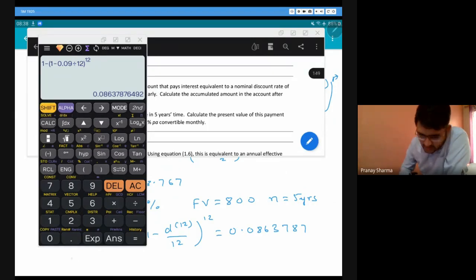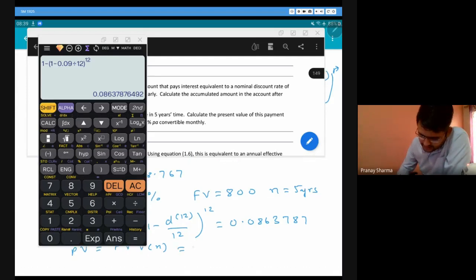And then we know our present value must be equal to our future value into discounting factor. So whenever we are discounting, we use discounting factor. We multiply our discounting factor, and that will give me 800 into 1 minus d raised to 5. I just have to multiply my discounting factor whenever I am discounting.